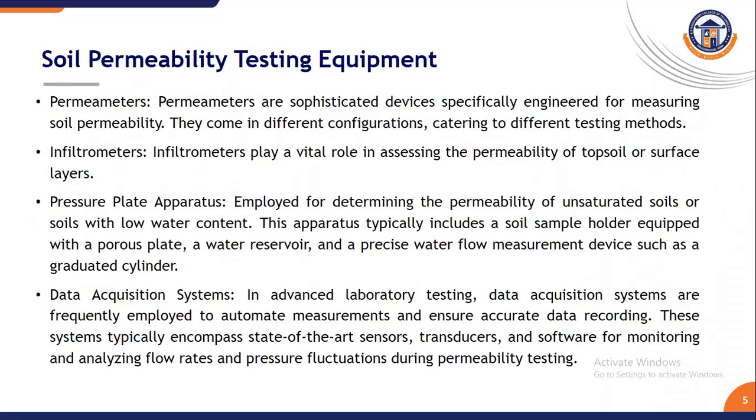Okay, and then in advanced laboratory testing, data acquisition systems are frequently employed to automate measurement and ensure accurate data recording. This system typically encompasses state-of-the-art sensors, transducers and software for monitoring and analyzing the flow rate during the permeability testing.